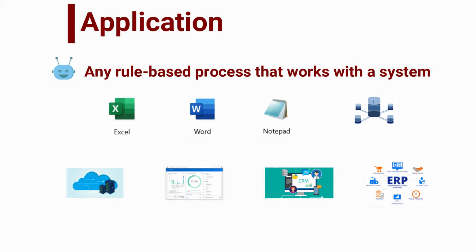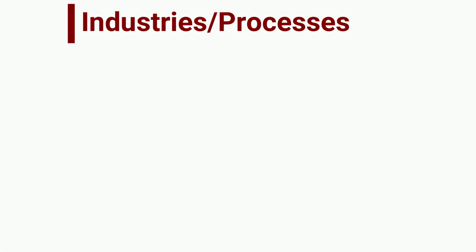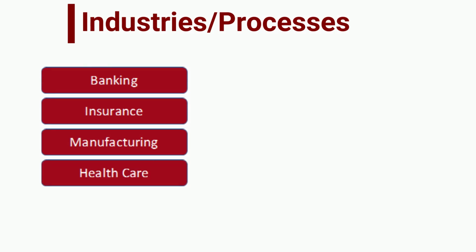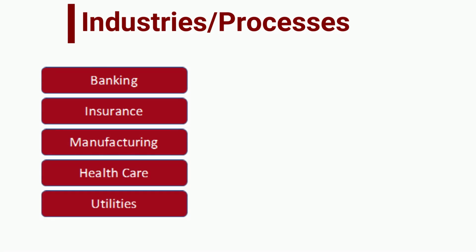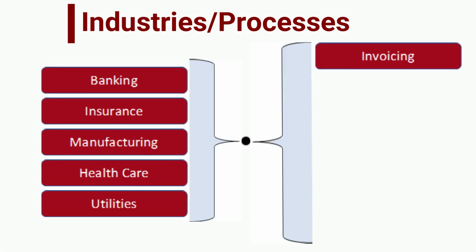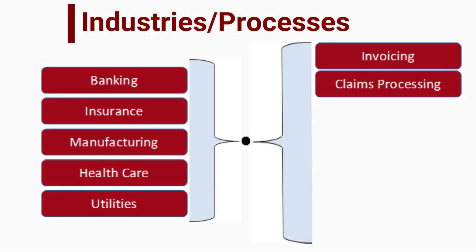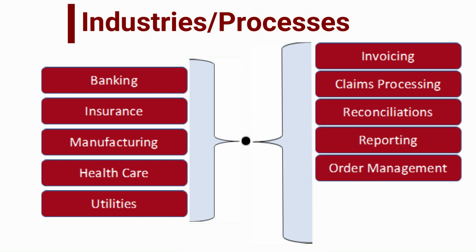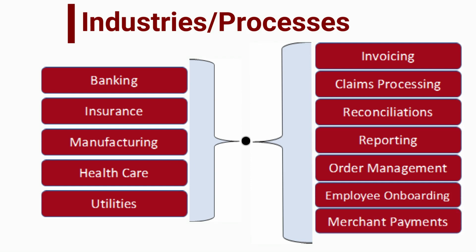With this in mind, we can now see that there are multiple use cases that can be derived from various industries such as banking, insurance, manufacturing, healthcare, utilities, and other industries, with processes such as invoicing, claims processing, reconciliations, reporting, order management, employee onboarding, merchant payments, data validation, end-of-day processes, among others.